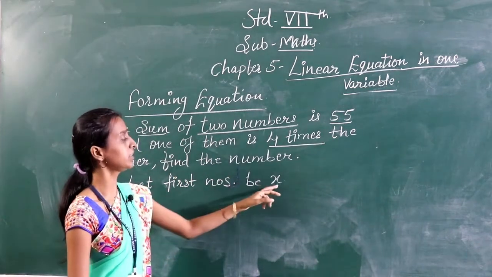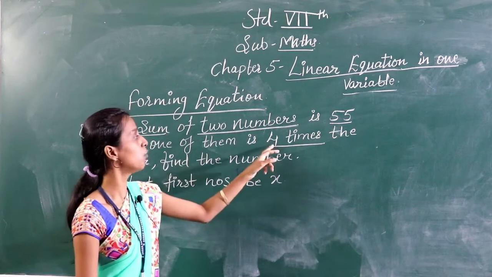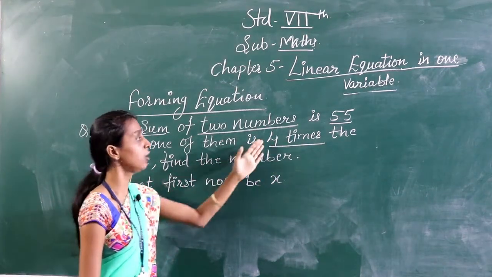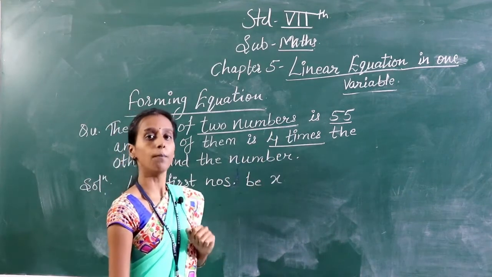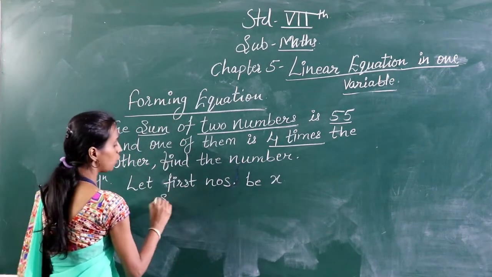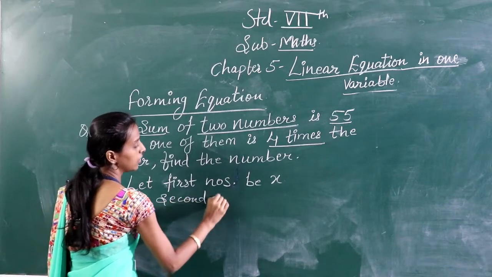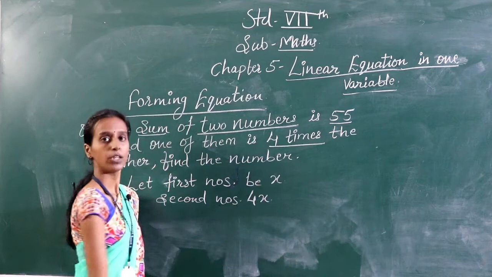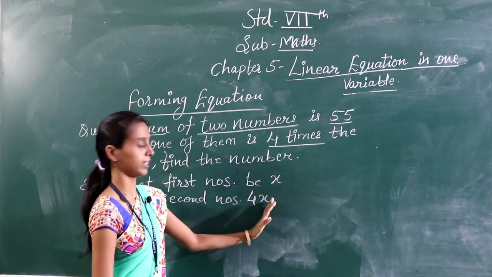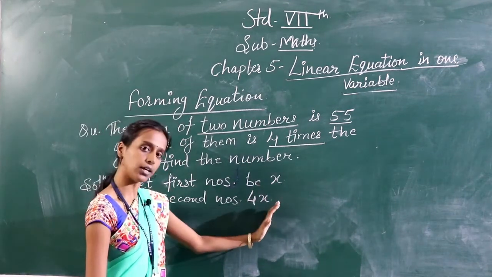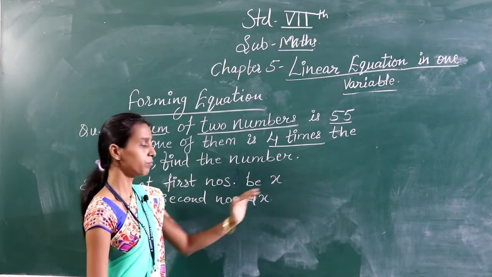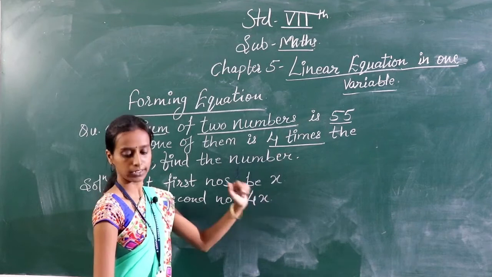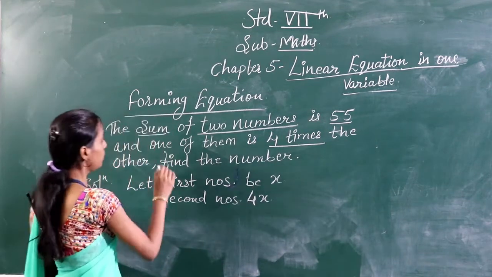So if the first number is x, then the second number will be how many times? 4 times. Always remember, when you get questions like 4 times, you have to do multiplication. Then what will the second number be? 4x, 4 times the first number.